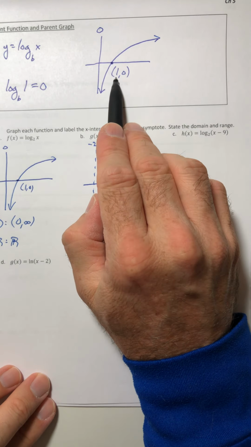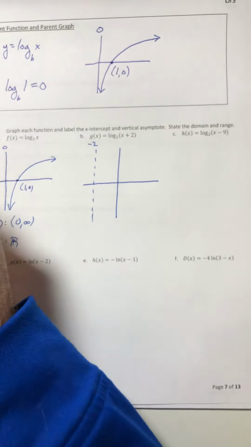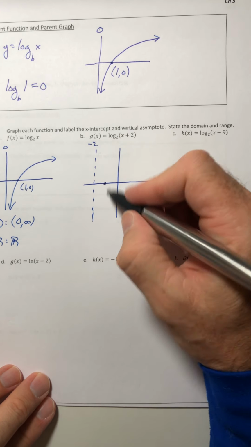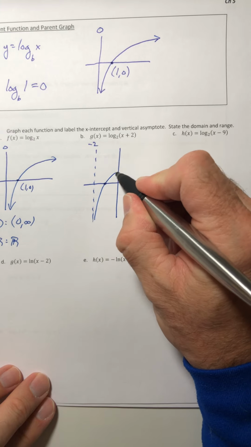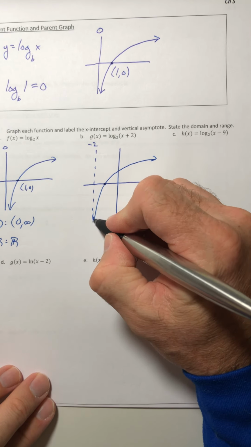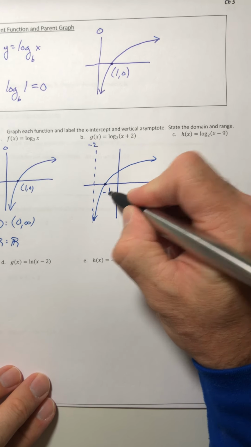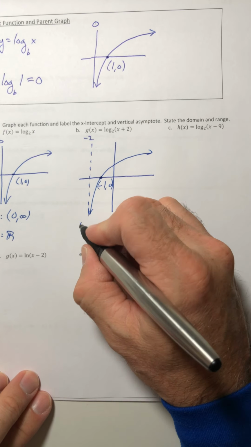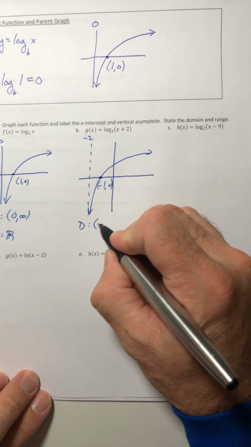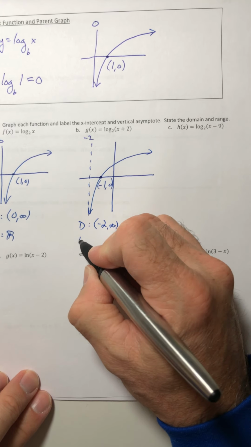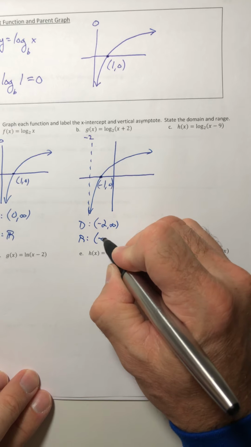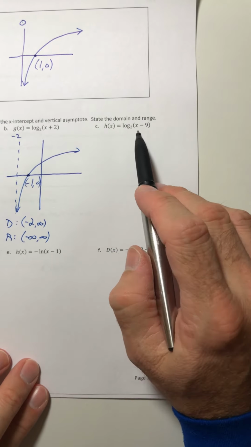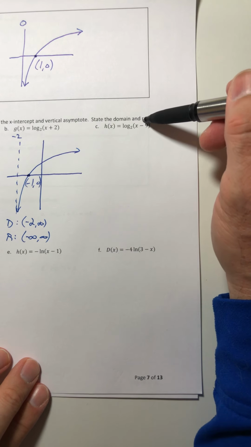So when you shift the 1, 2 spots to the left, that's going to be a -1. So your intercept is over there. So now your domain is from -2 to infinity, and the range, all reals. And there you go. Okay, part C. Now what makes the inside 0?